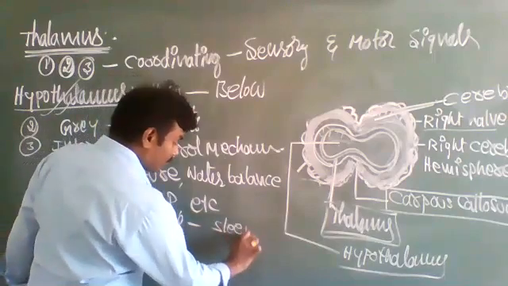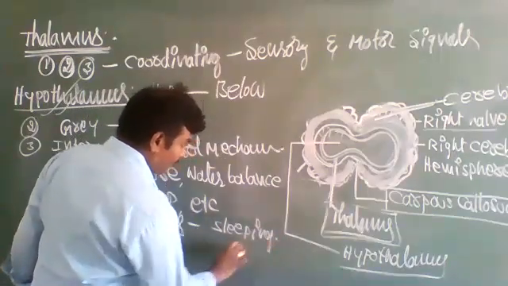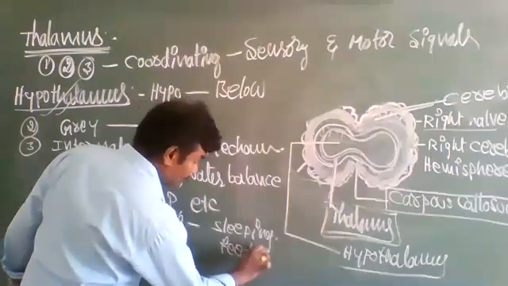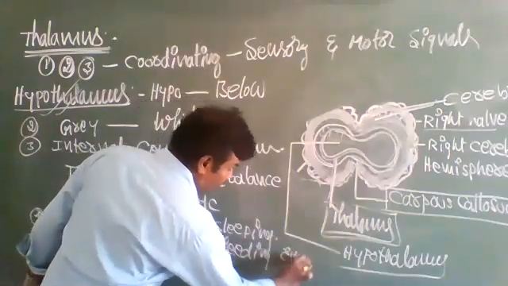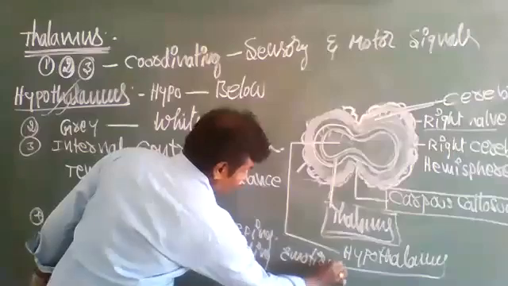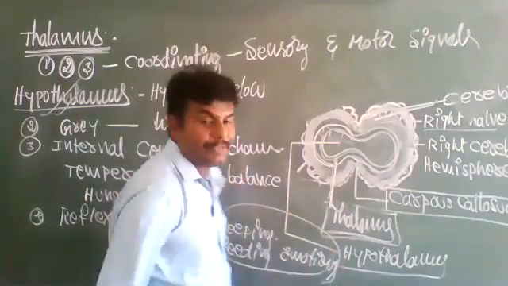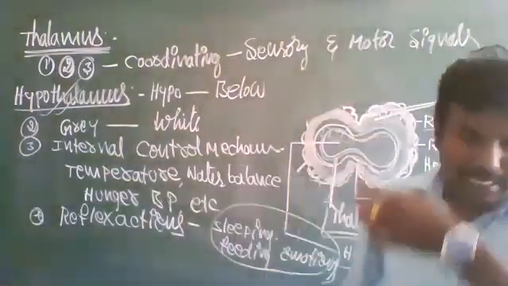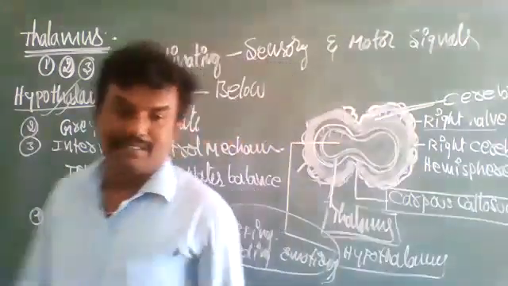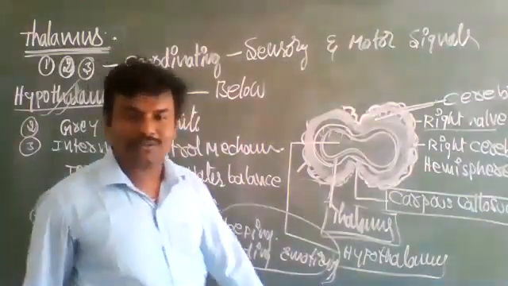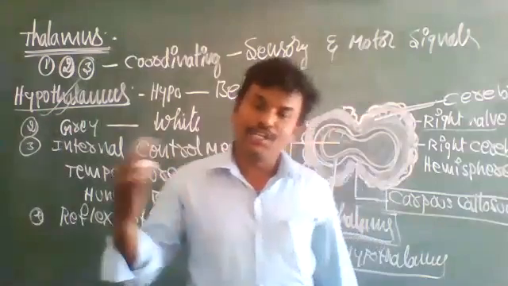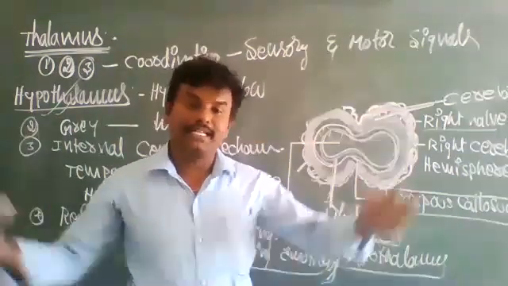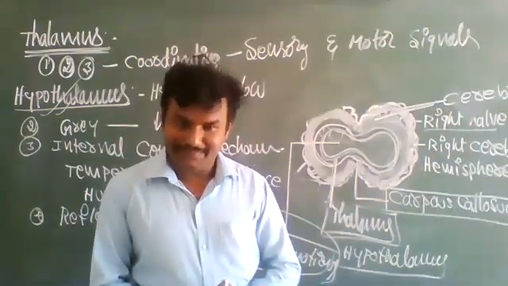sleeping, feeding, emotions. These are all the activities, sleeping, feeding, emotions, associated with the hypothalamus. If it is not controlled, continuously we will eat, continuously we will sleep, we will get more angry.